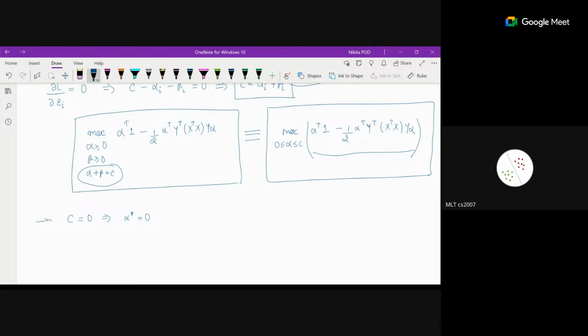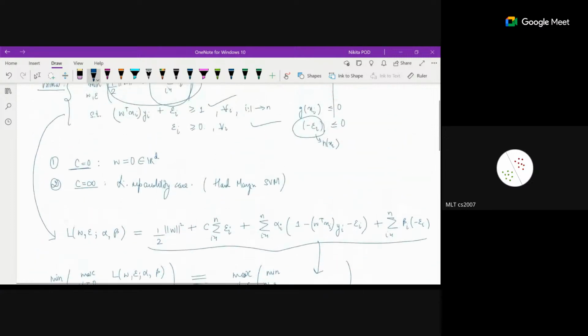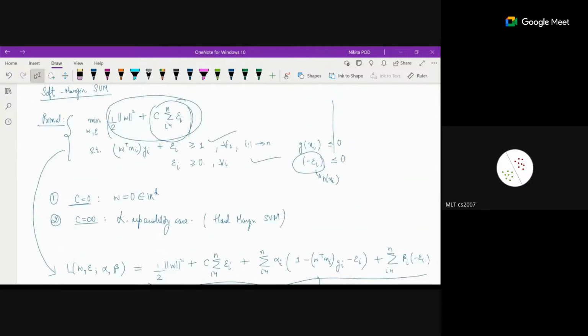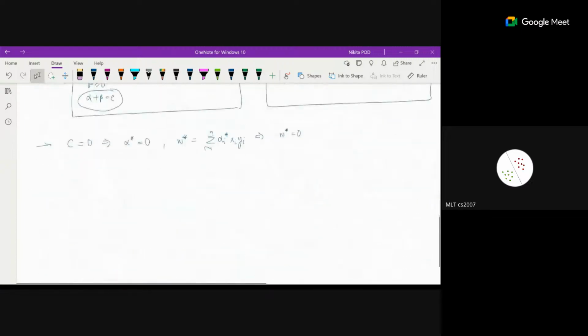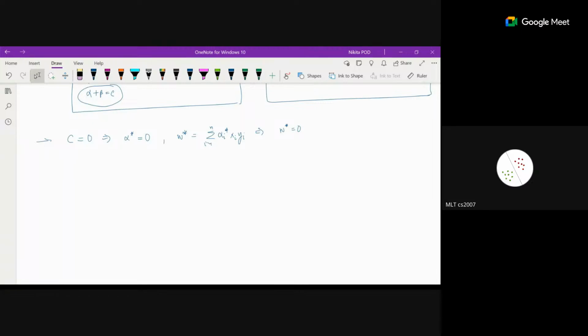Now if alpha star is 0, and I know that this W star is equal to sum over alpha star xi yi, i varying from 1 to n, then we get W star to be 0. And this is exactly the same solution we had gotten for the primal case. When C was 0, we were getting that W equal to 0 is the solution, and from dual also, we are getting the same solution, that is W star is equal to 0.